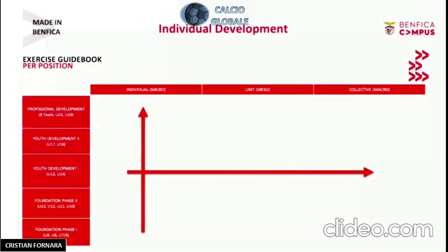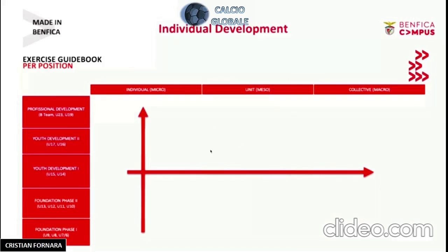Through all the age groups, we have this individual development, different exercises that we can use either in more micro, as I was telling you, and these ones were more micro because they are specific for only the position, but they can have opponents or not, or teammates or not, and that's more the micro situation, and meso or collective.